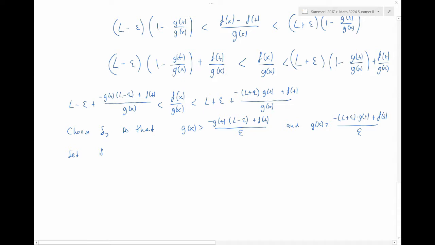Set delta to be the minimum of delta 1, delta 2, and delta 3.